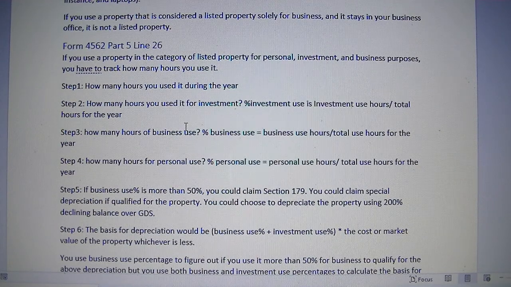So for investment use, the percentage is going to be the number of hours you use it for investment divided by the total number of hours used during the year.